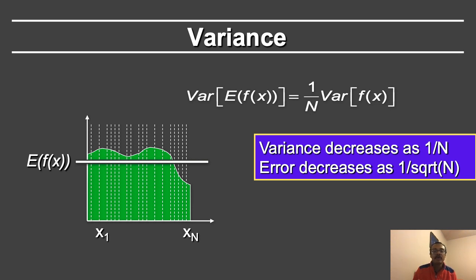One of the key properties of Monte Carlo integration is that the variance decreases as 1 over n. So the variance for n samples in your estimator is 1 over n times the variance for a single sample, which is simply the variance of the function f of x. What this means is the standard deviation, or root mean square error, decreases as 1 over square root of n.